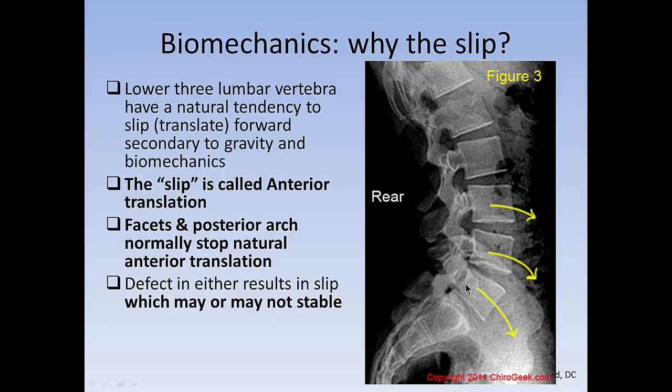He's up on the top of the hill, he wants to slide down the hill. So there's a natural tendency for this anterior translation, and that slip is called anterior translation. The facet and posterior arch normally stop the translation. Defects in either result in slip, which may be stable, may not be stable.